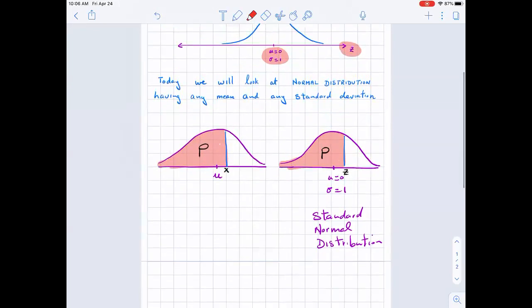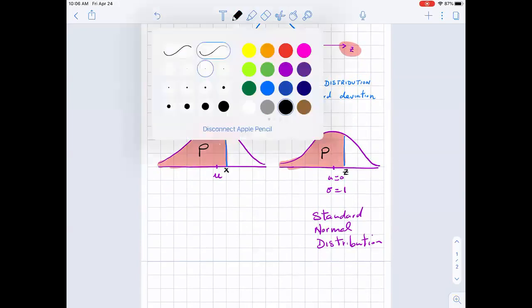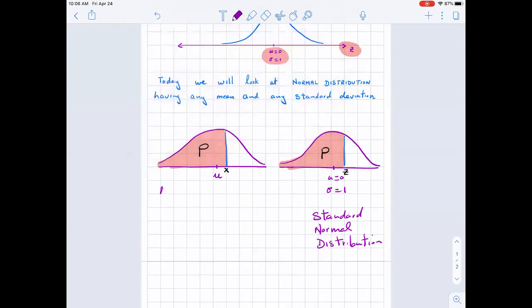So how do you convert from this one here that we call the non-standard normal distribution?